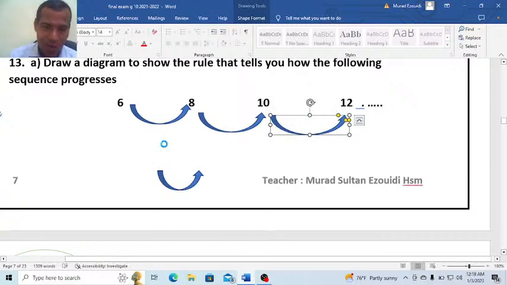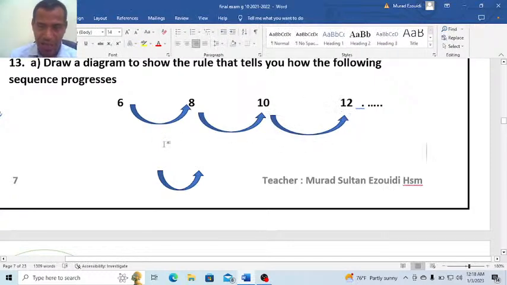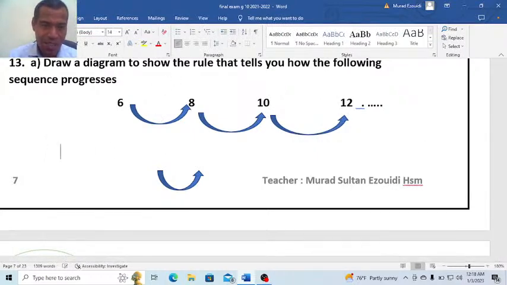Therefore, you are going to write here 2. So the term-to-term rule, in fact, is add 2. I'll just write plus 2. Plus 2, plus 2, then plus 2.